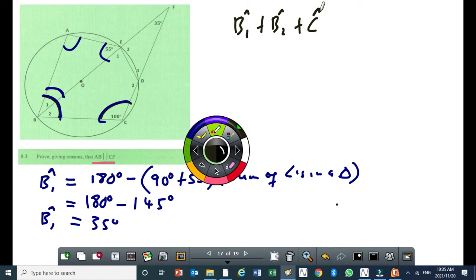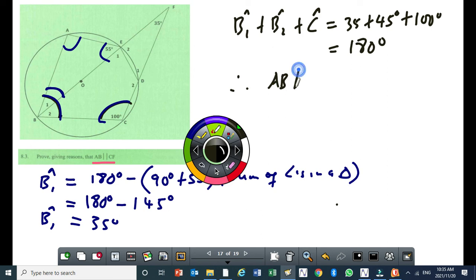This will be equal to 35 plus 45 plus 100, and that gives us what? 180. Therefore, AB is parallel to CF.